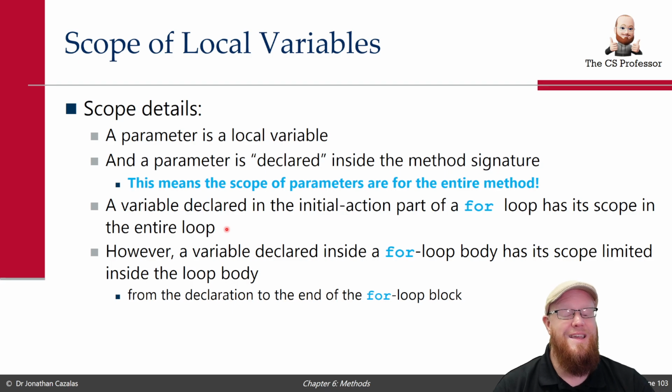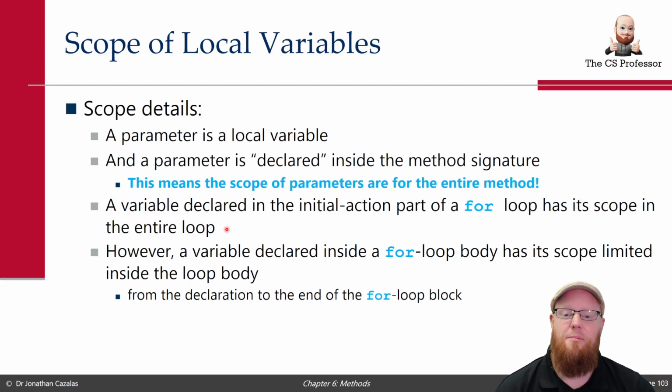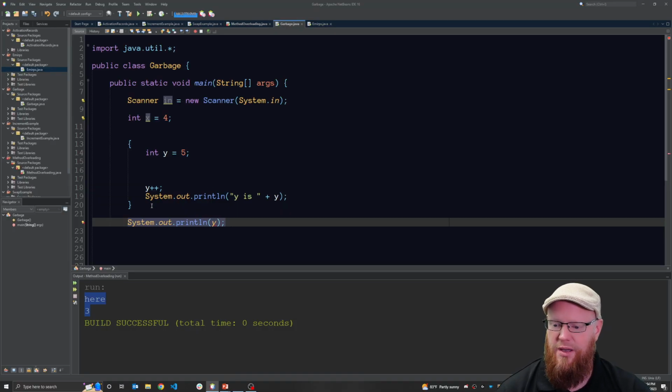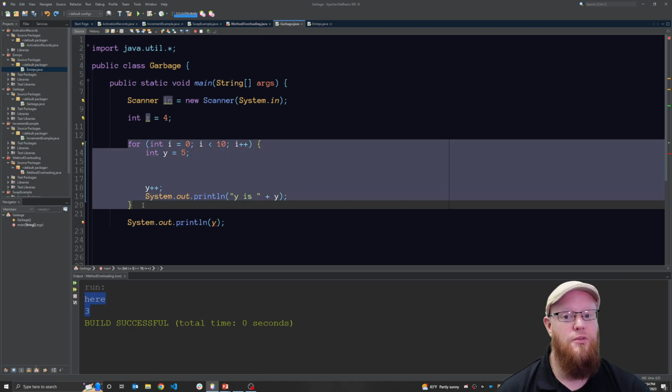A parameter is declared where? Inside that signature. That means the scope of a parameter is for the entire method, right? The scope of the parameter is for the entire method in the same way that the scope of this variable i is for the entire for loop.